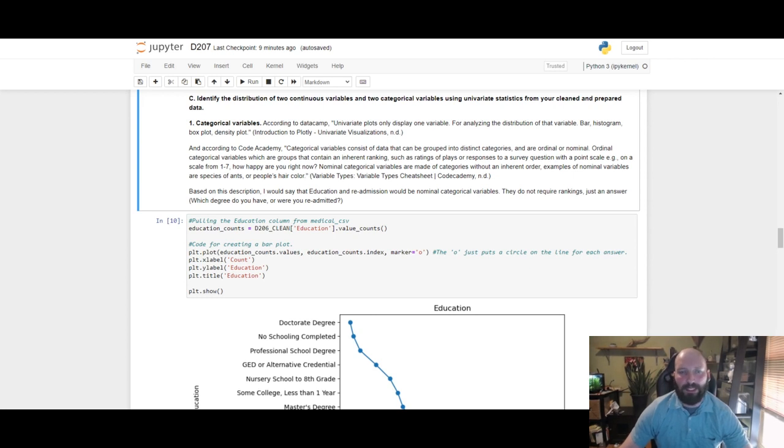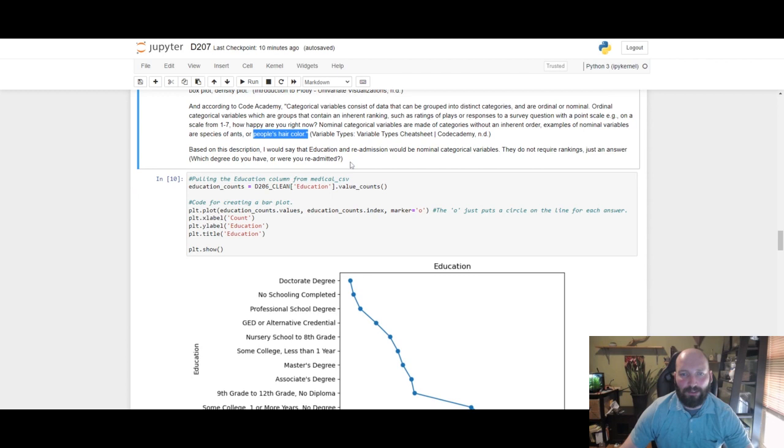So 1 to 7, each one of those is numerically important in that question or answer. A nominal, there is no hierarchy. It's just essentially an answer. Like people's hair color, what is your education level? It's not ranking the education level, just giving you what it is.